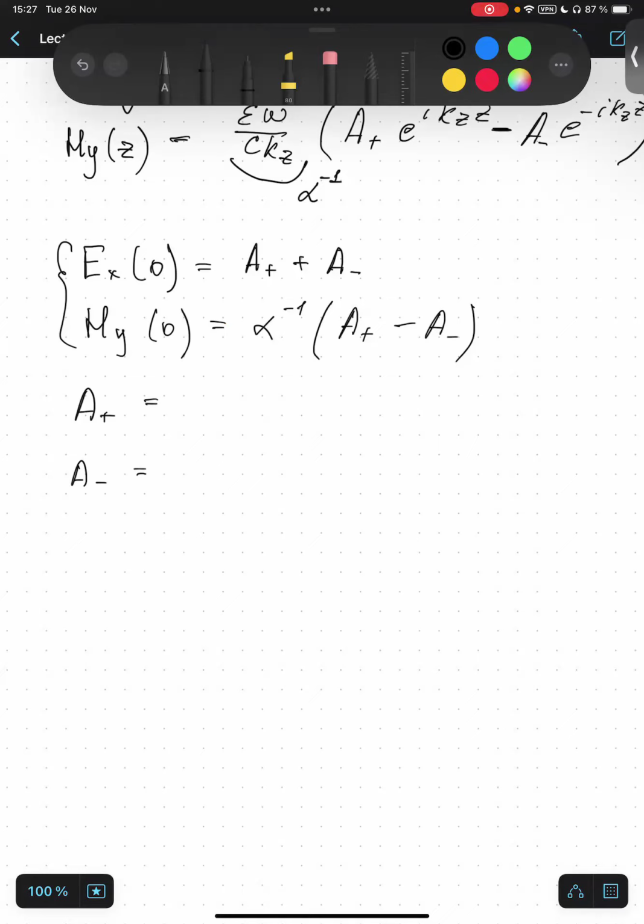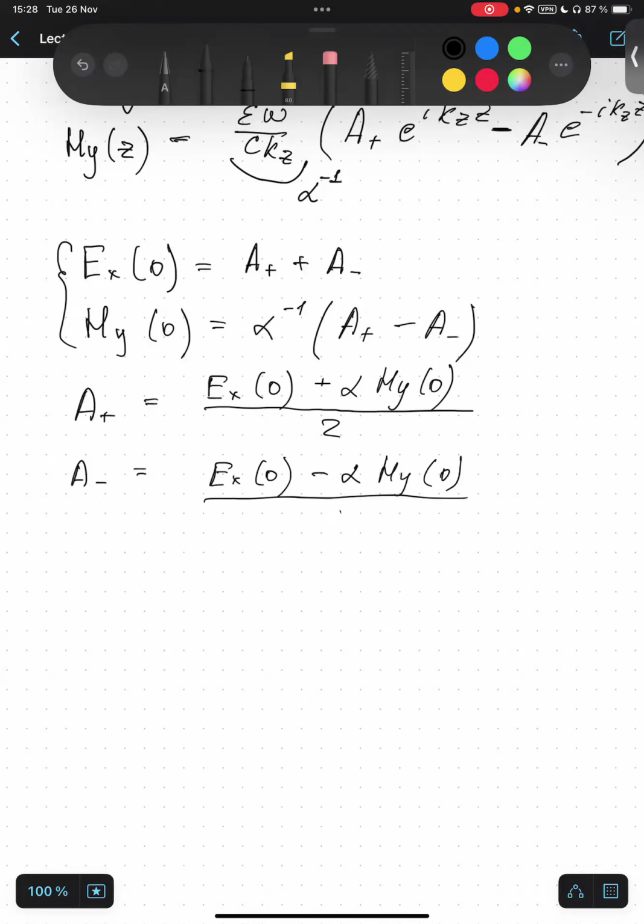So A plus is Ex 0 plus alpha Hy 0 over 2, and A minus is Ex 0 minus alpha Hy 0 also over 2.